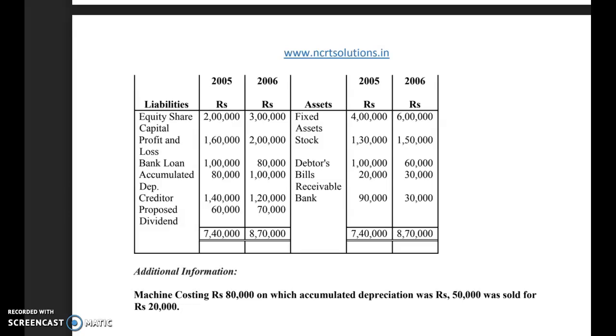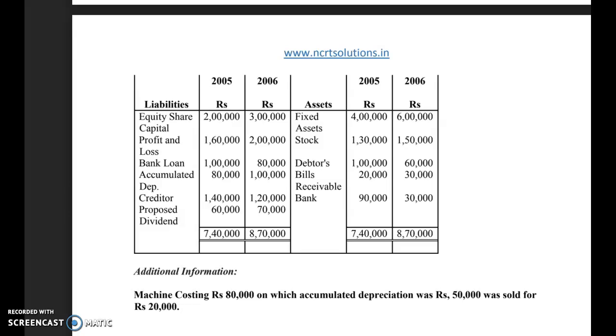Now, if provision for income tax appears on the liability side of the current year's balance sheet, that will be added back to profits, because net profit before taxation is to be shown under the heading cash flow from operating activities.